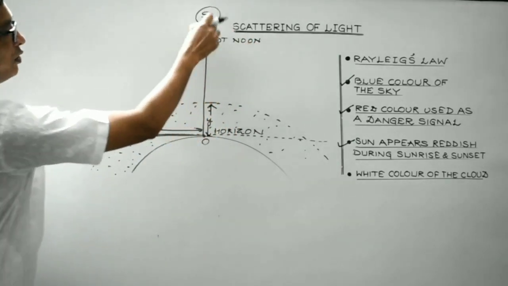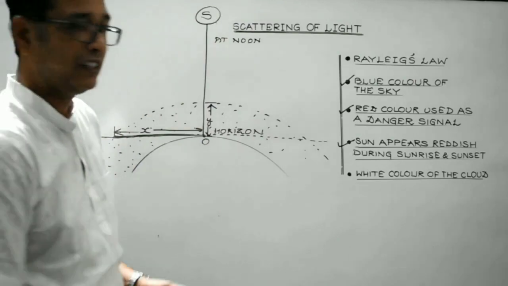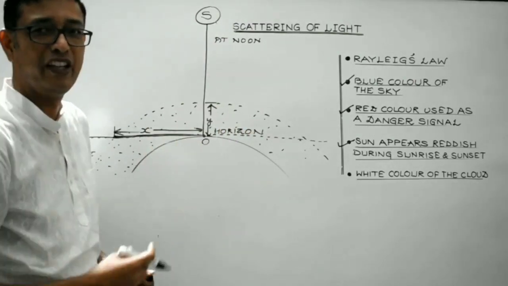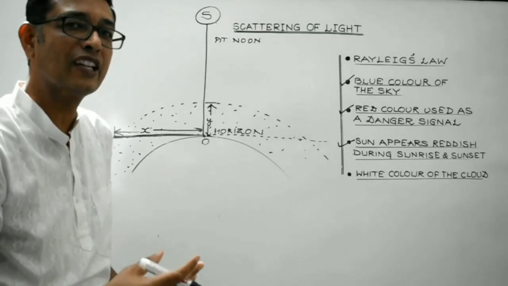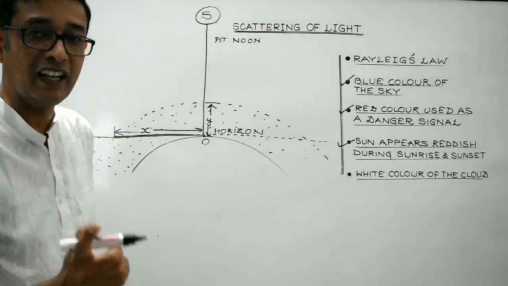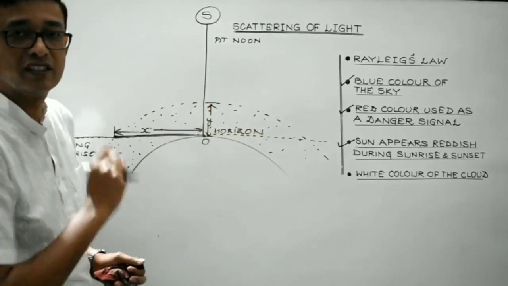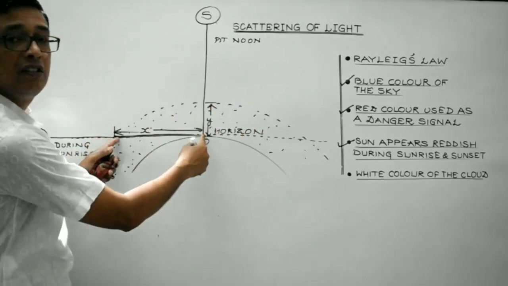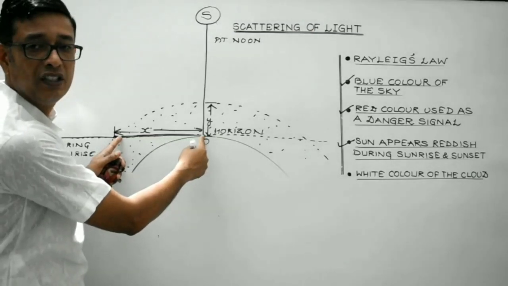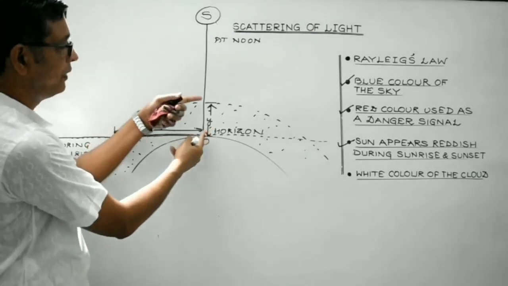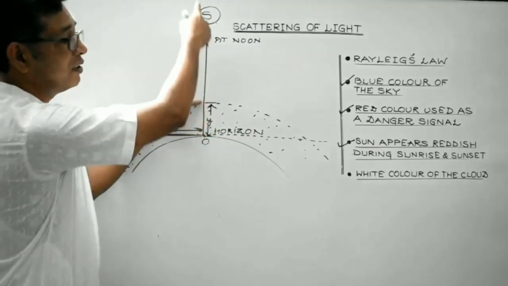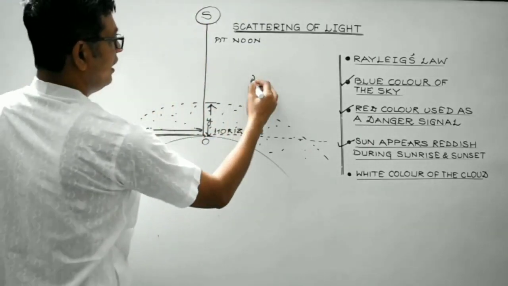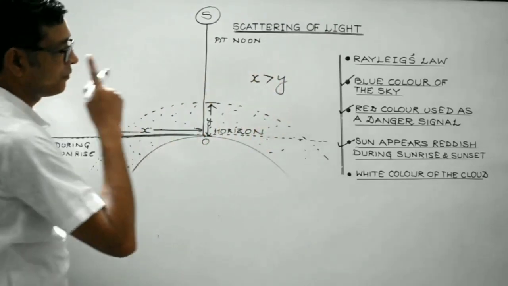I think you have understood the diagram, right? It doesn't need any explanation. The diagram is self-explanatory in the sense that during sunrise or sunset, when the sun is near the horizon, the light from the sun has to cover a larger distance through the Earth's atmosphere as compared to when the sun is overhead during noon. So it's pretty clear, x is greater than y.